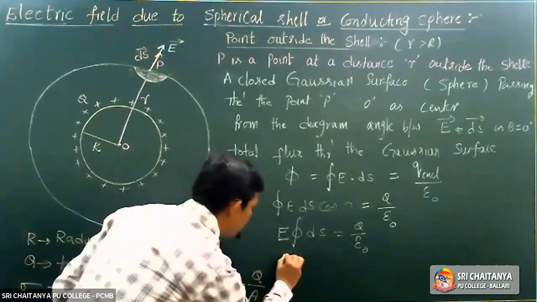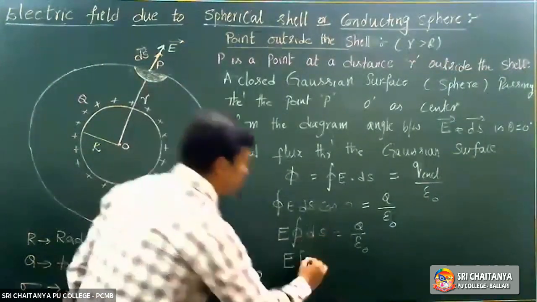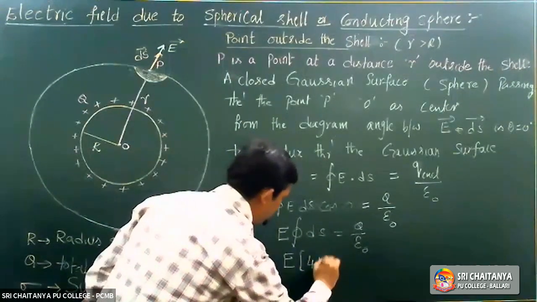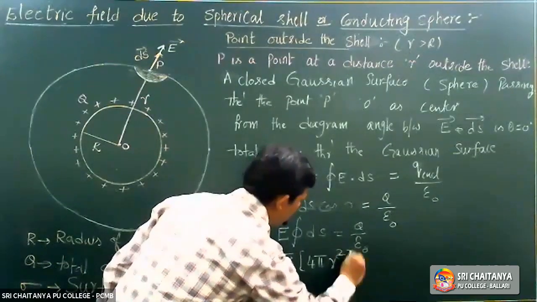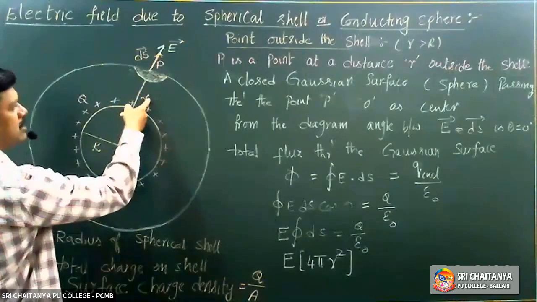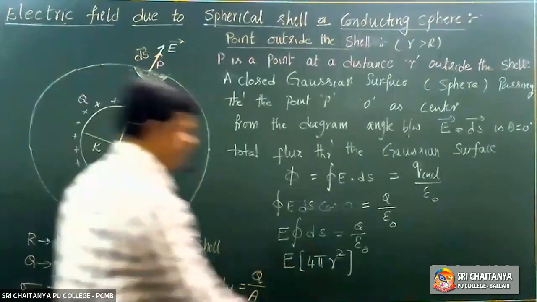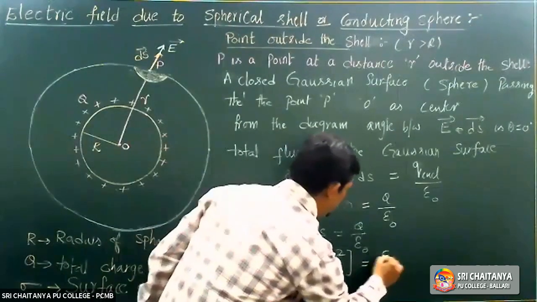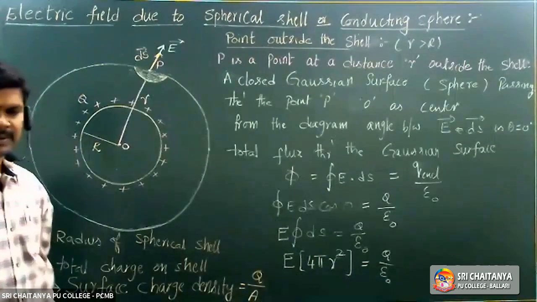So, can I write like this? E times the surface area of the Gaussian sphere, 4 pi r square. Why, sir? r is the radius of the Gaussian sphere, small r, equal to Q by epsilon naught, right?